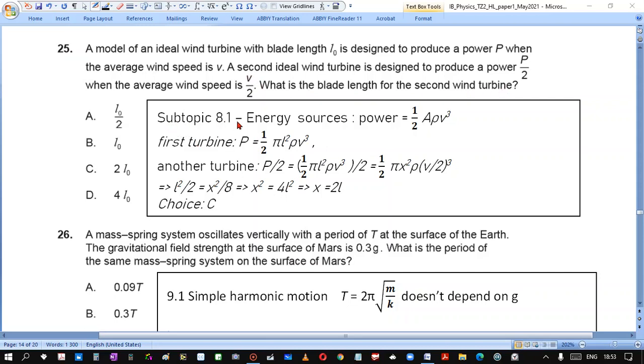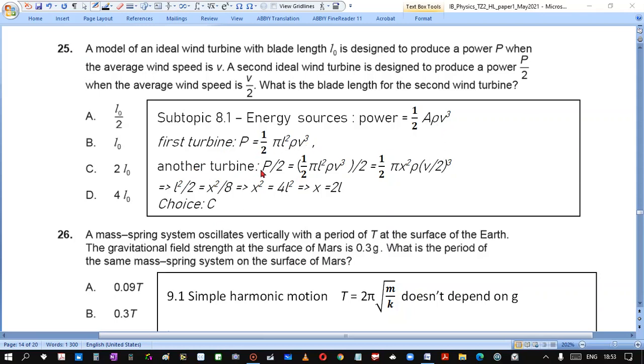From subtopic 8.1, we have the formula for the power of a wind turbine. A is the area of the circle made by the blades, rho is the density, V is the speed. So for the first turbine we have this formula.